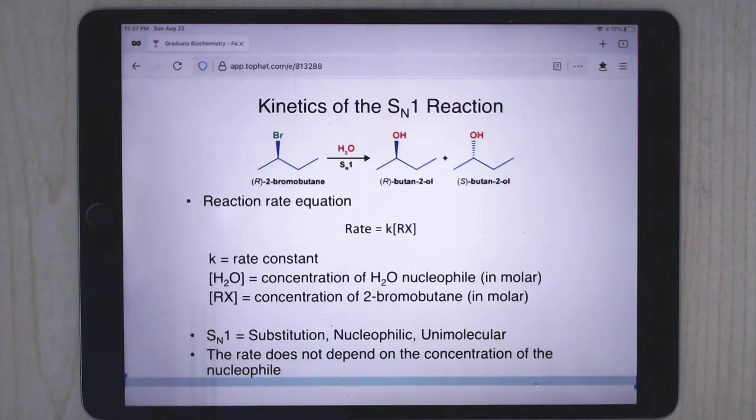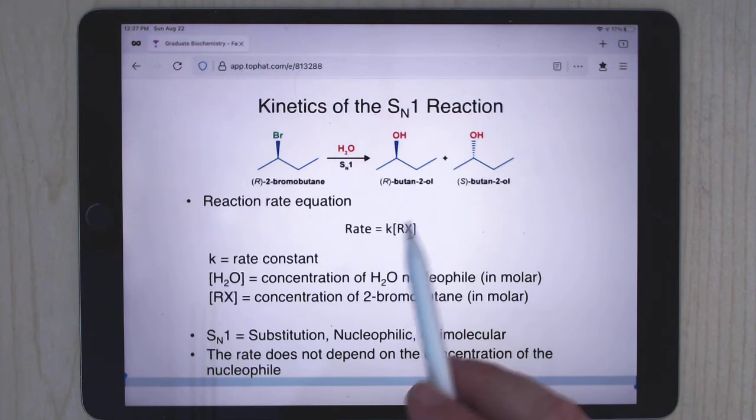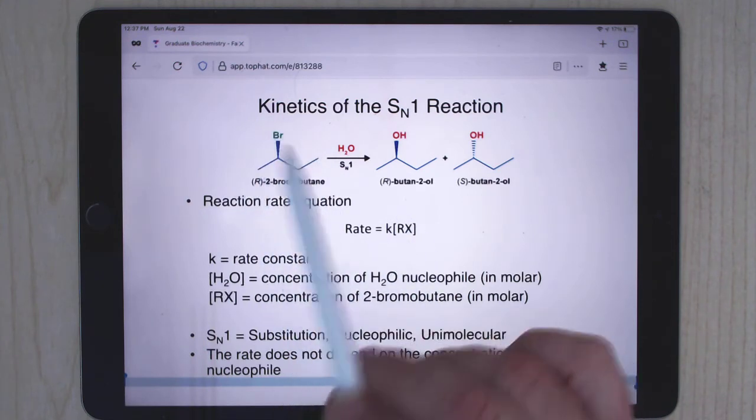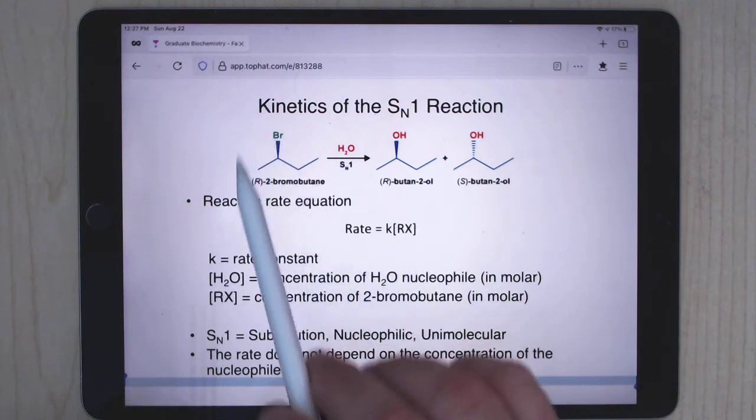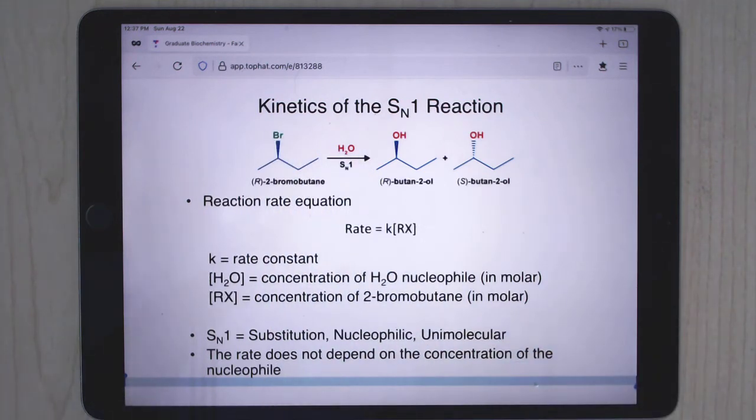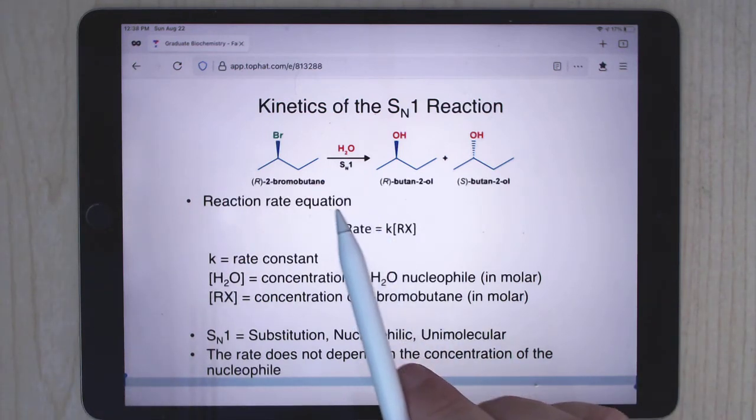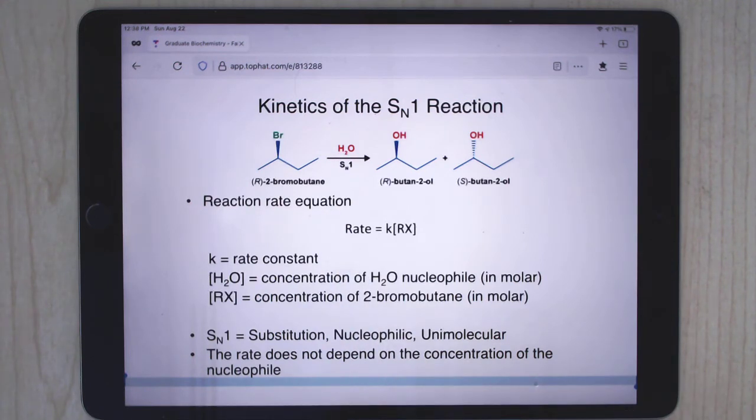Because of that, the rate is only determined by the concentration of the electrophile. It does not depend on the concentration of the nucleophile. The nucleophile is waiting around for this first step to occur, so it doesn't matter. You can put in 1,000 molar of the nucleophile. It's not going to make the reaction go any faster.